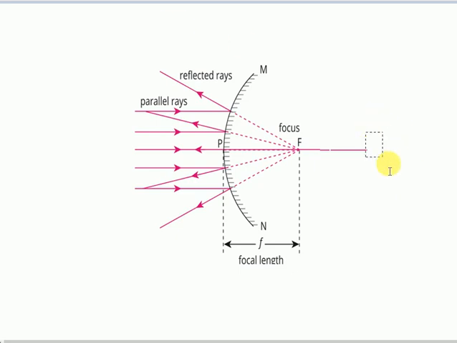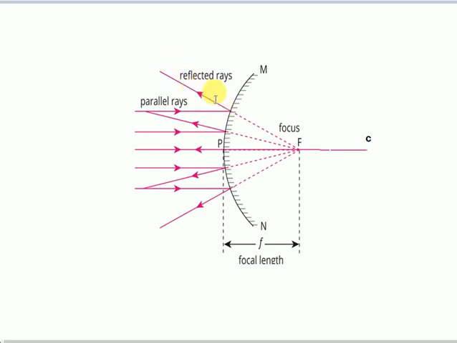Let me again increase the length of the principal axis. So here somewhere the center of curvature would be. Now this is a convex mirror. The outward side is the reflecting surface while the inward side has been silver coated. If a beam of light parallel to the principal axis falls on a convex mirror, all the rays diverge after reflection.